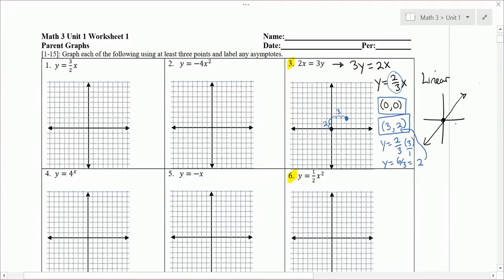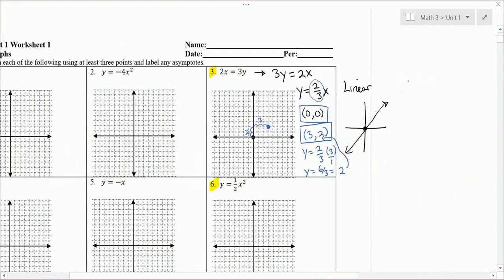I'm going to plug in a 6. So when x is 6, I want to figure out what y is. I get y is 2/3 times 6. When I multiply that, I end up with 2 times 6, which is 12, divided by 3, which comes out to be 4.